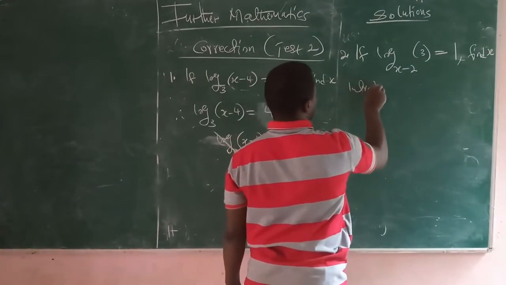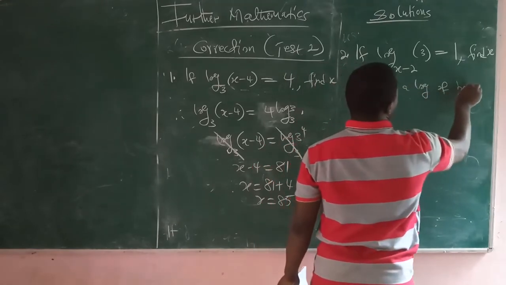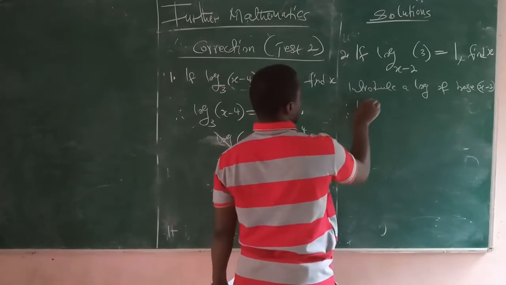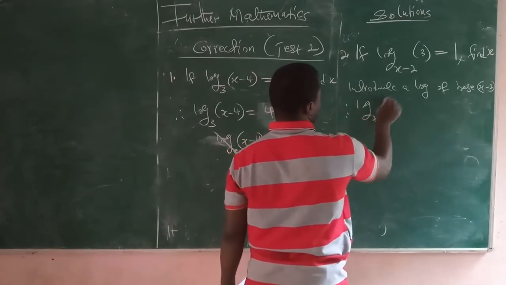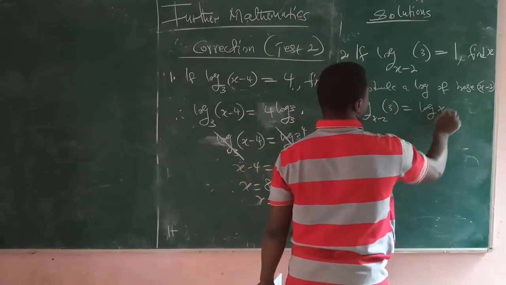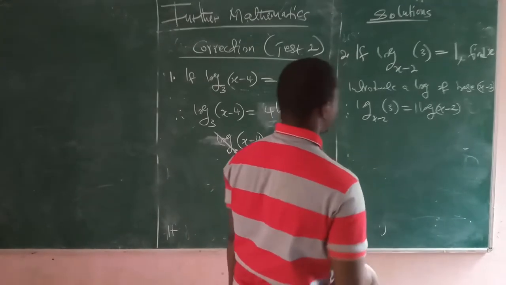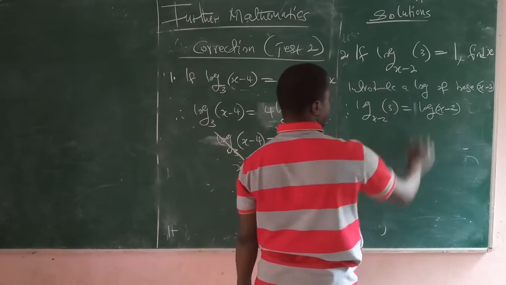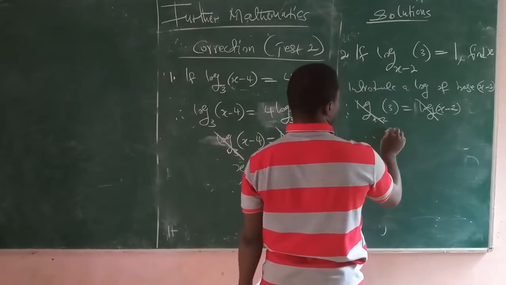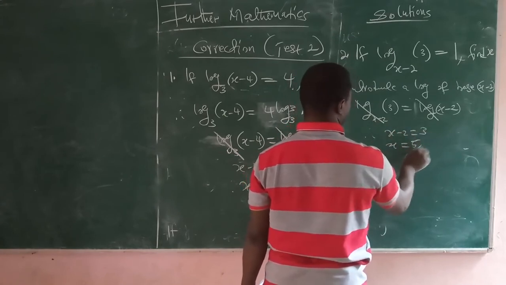Introduce a logarithm of base x minus 2. That means that log base x minus 2 of 3 is equal to log base x minus 2 of x minus 2. There is 1 here, but we need to put it in, right? So you see clearly that this will go off with this. And so x minus 2 is equal to 3. X is equal to 5.